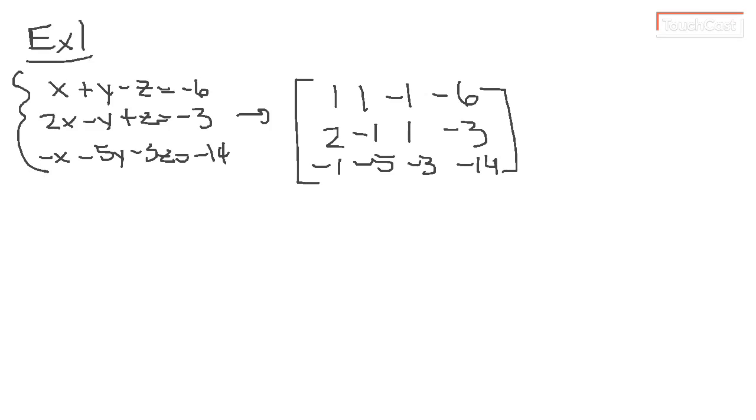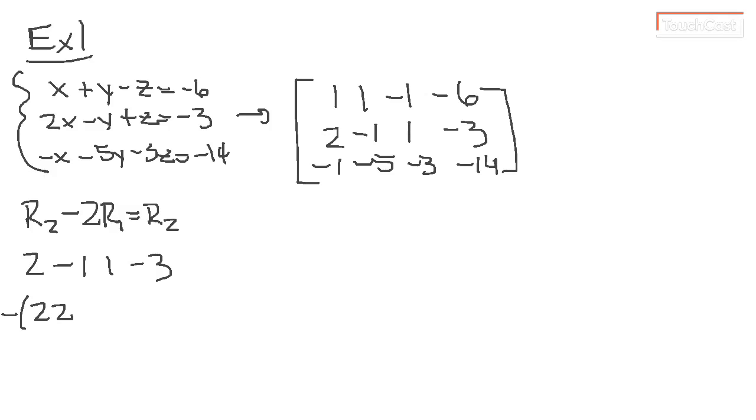All right, so when I'm looking at this, I think what I want to do first, and my work might go on to multiple pages here, is take my second row and subtract 2 times my first row from it to get a new second row. So I'm going to go 2, -1, 1, -3, and I'm going to subtract from that 2 times my first row. So I'm going to subtract from it 2, 2, -2, -12.